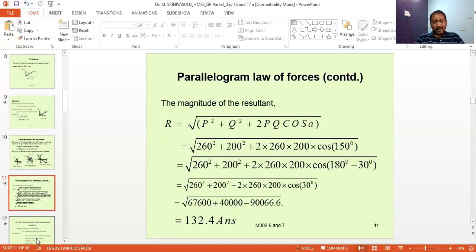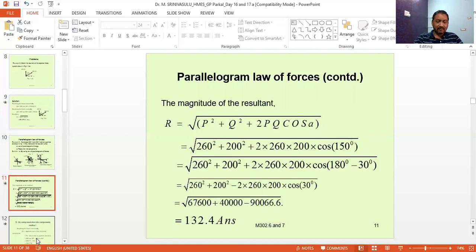The value R is equal to 132.4 newtons. So this is the answer. This is the magnitude of the resultant by parallelogram law of forces.